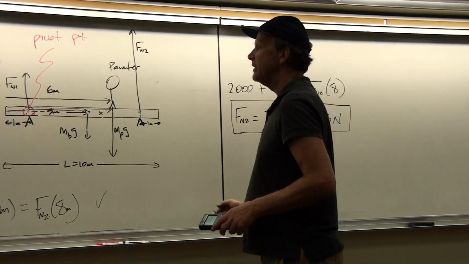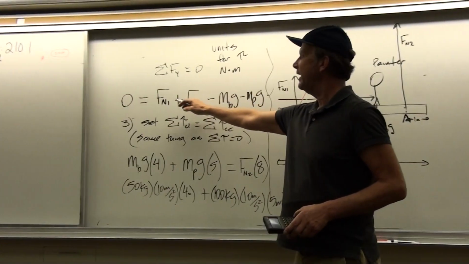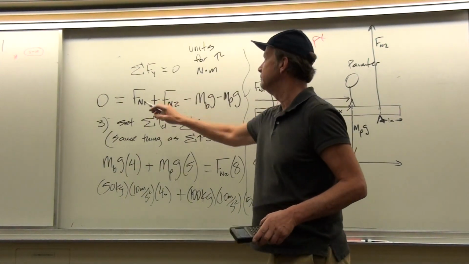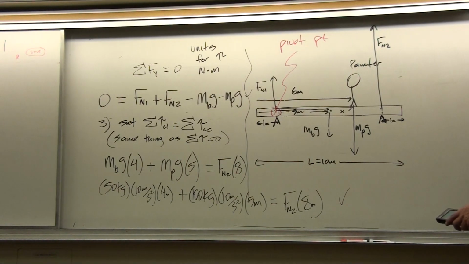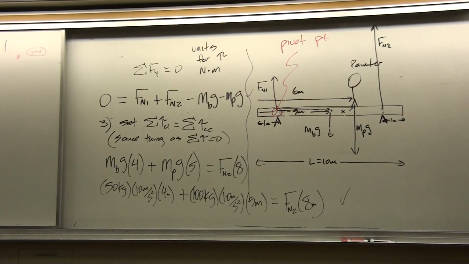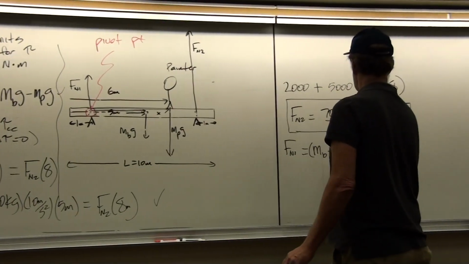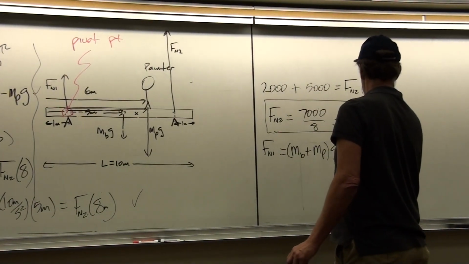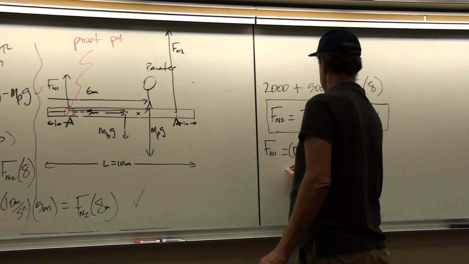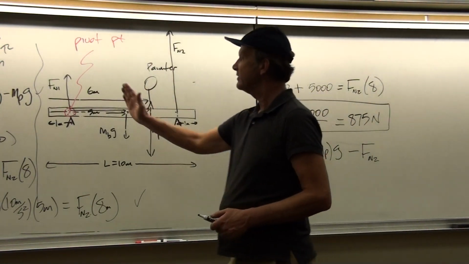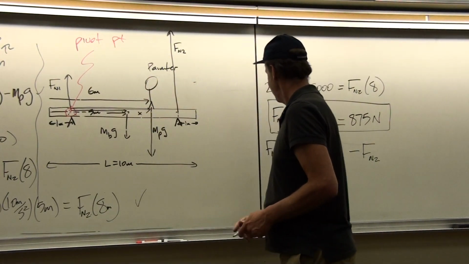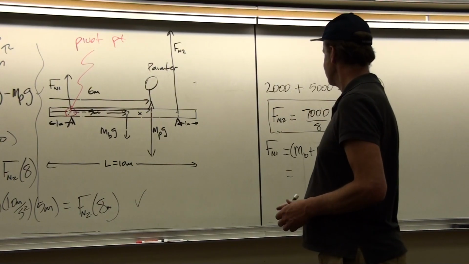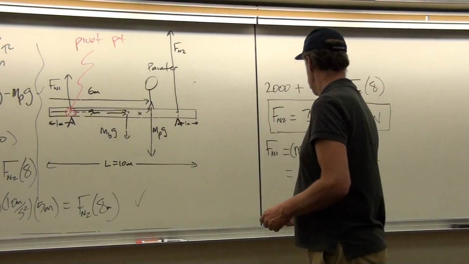And so now we can go back to the first equation and solve the algebra for F normal 1. So we know that F normal 1 is equal to the total weight, which is the mass of the beam plus the mass of the painter, times G, minus F normal 2. And we're going to expect that F normal 1 is less than F normal 2 because the system is weighted to the right. And so that is the way that we can double check that our result is reasonable.